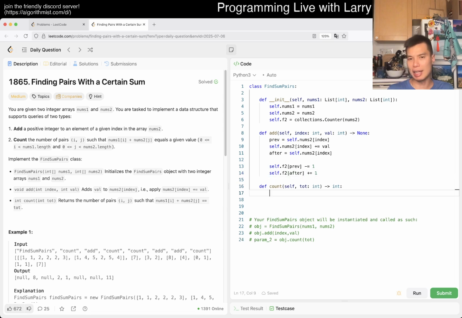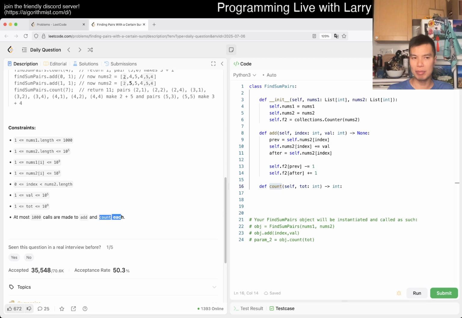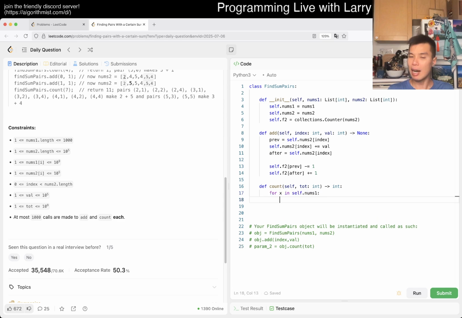And the key thing here is that now for count, we can do O of count times O of n1, the 1,000, right? Because now we can do for x in self.nums1. Then it's just a different thing every time, which is that we have x plus some number in nums2, let's call it k, is equal to target, right?